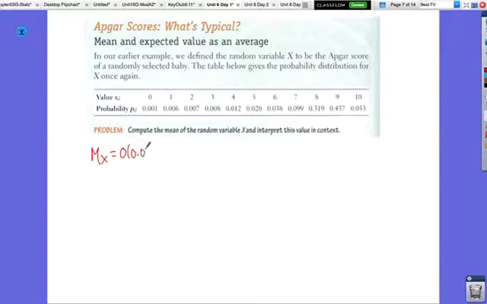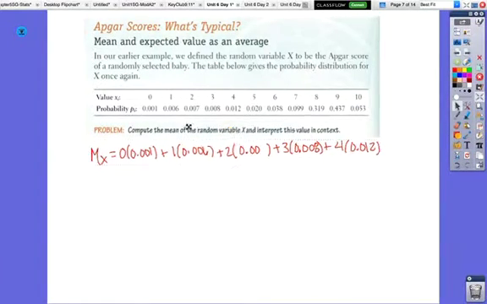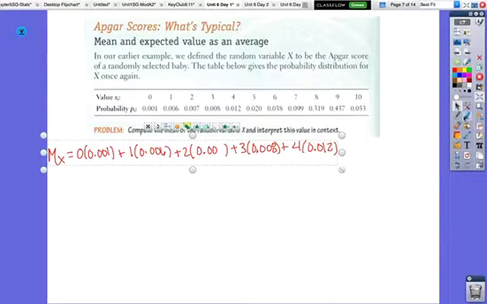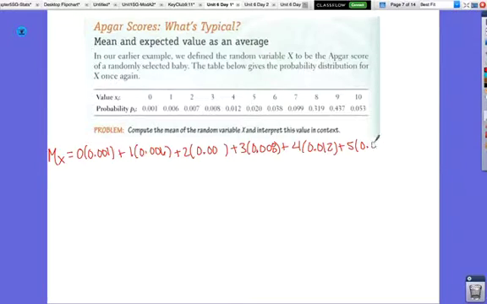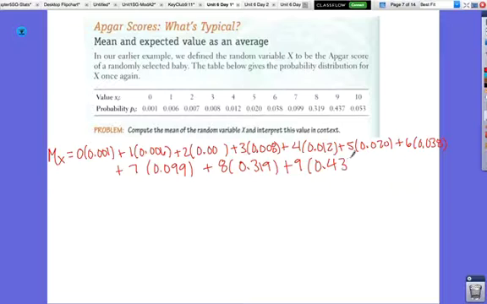So 0 times 0.001 plus 1 times 0.006 plus 2 times 0.007 plus 3 times 0.008 plus 4 times 0.012 plus 5 times 0.020 plus 6 times 0.038 plus 7 times 0.099 plus 8 times 0.319 plus 9 times 0.437 plus 10 times 0.053.